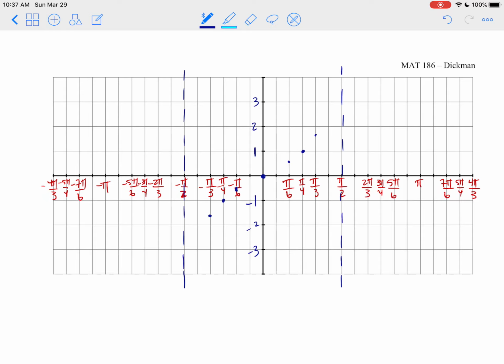So I don't care if you have all of these points graphed. The points I'm concerned about are where it's equal to negative 1 and 1. But what happens is, as we get closer to pi over 2, we go closer and closer to infinity. So this comes up, goes through these key points, and then up towards infinity on this side.